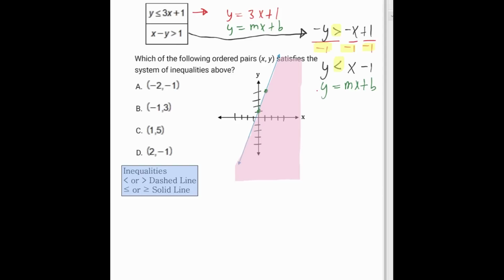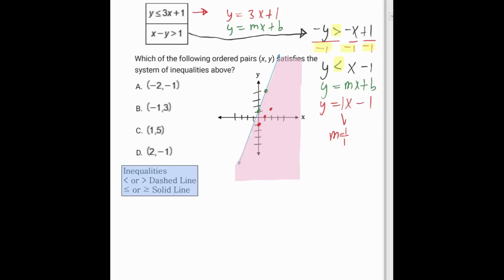So let's imagine we had y equals x minus 1. The slope would be the invisible 1 in front of the x, and the y-intercept is the negative 1. So let's go to a y-intercept of negative 1, and let's have a slope of 1, which is the same as 1 over 1. So rise 1 over 1, rise 1 over 1.